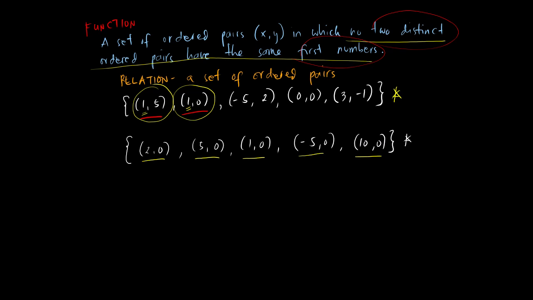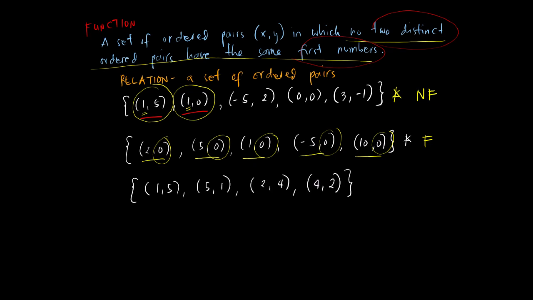Although all of the ordered pairs have the same second numbers, which are all zeros, we did not say anything about the second numbers in the definition of a function, so still we consider this set of ordered pairs a function. So the first example is not a function because of the first two ordered pairs, and the second example is a function.